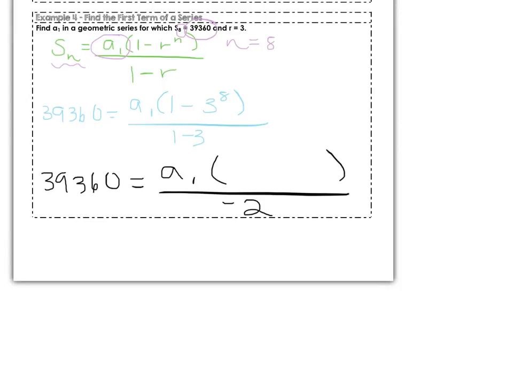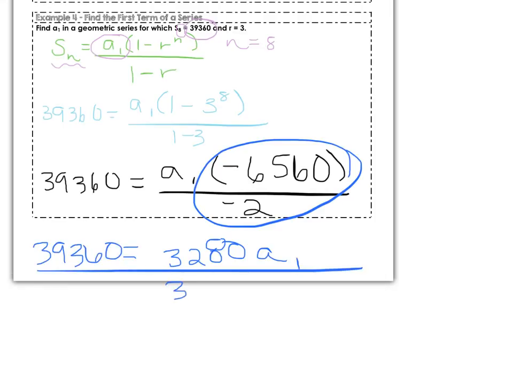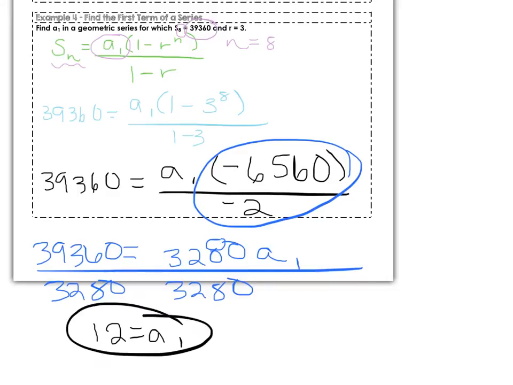The quantity of 1 minus 3 to the 8th is going to produce -6,560. Now I'm just going to divide these. -6,560 divided by -2 is going to produce 3,280 times A1. Okay? Now lastly, to divide away 3,280 from both sides, giving me an A1 value of 12. Okay? Not a lot to it.